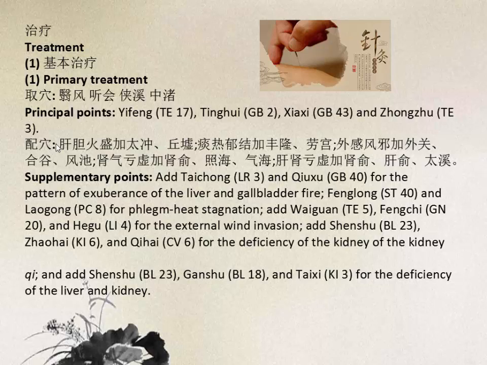All right. Wai Guan, Sanjiao 5, and Feng Chi, GN 20 is a typo. That should be gallbladder 20. Gallbladder 20 is a major point for wind, right? Feng, wind, Feng Chi.